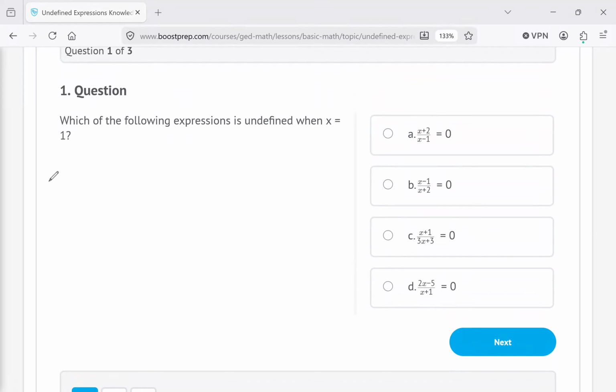So go ahead and write this in your notebook, and I'll write it out loud and I'll write it again. An undefined expression is when the denominator is equal to zero. That's how I know something is undefined.